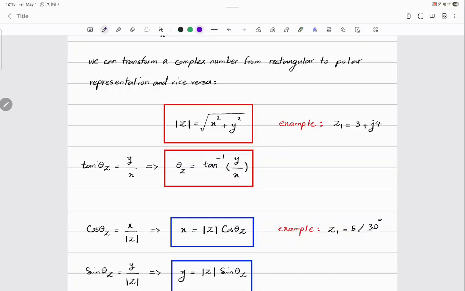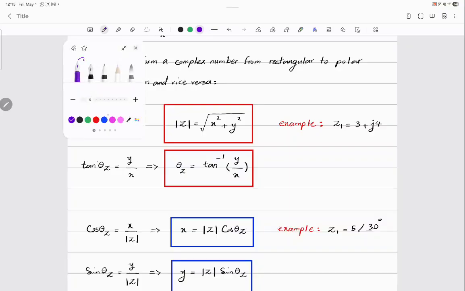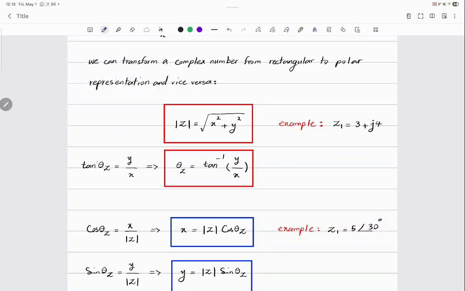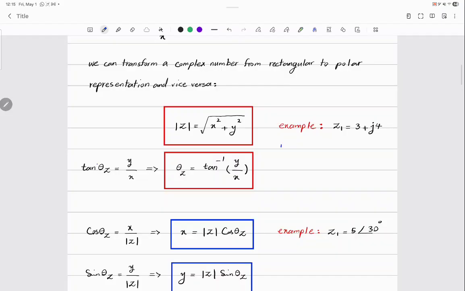For example, look at the first example. If I have a complex number z1 equals 3 plus j4, how can I change it to polar? First, I need the magnitude. 3 squared plus 4 squared, which is 5. Then I need theta z1, which is the inverse tangent of 4 over 3.